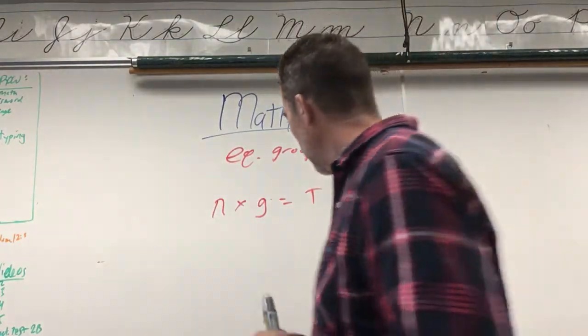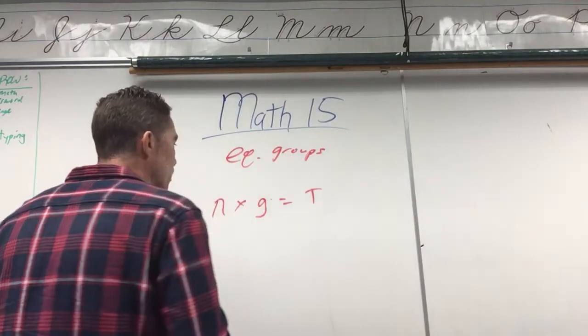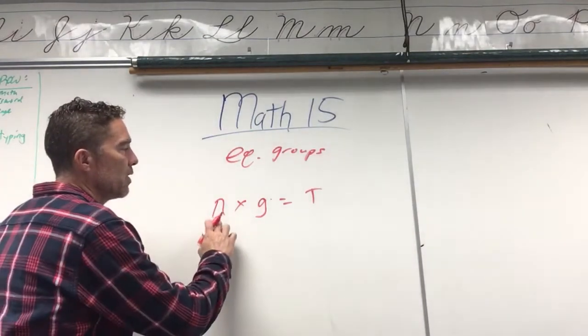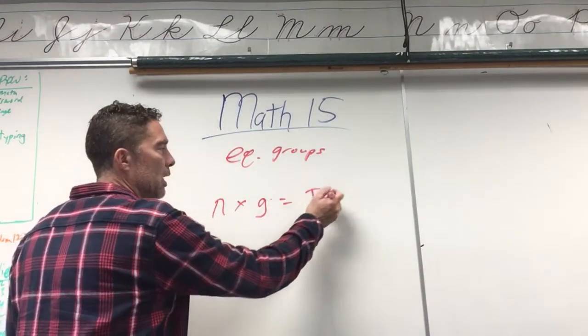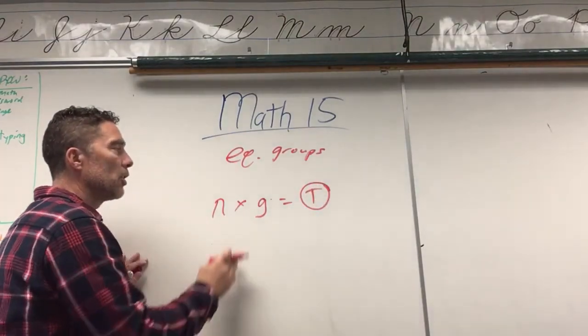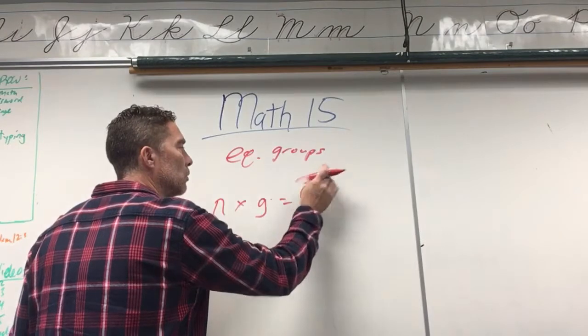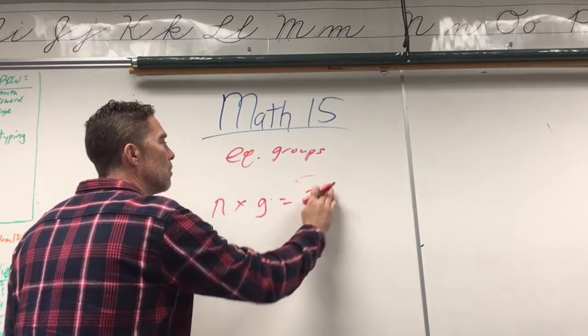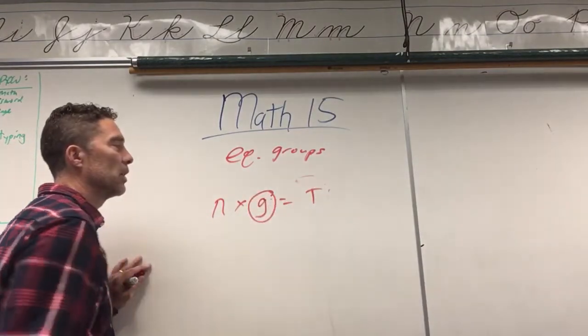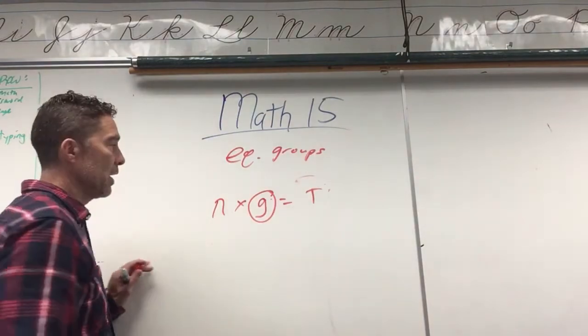If you're given these two and you're not given the total, you're going to multiply to find it. If you have the total and one of these is missing, you're going to have to divide to find it.